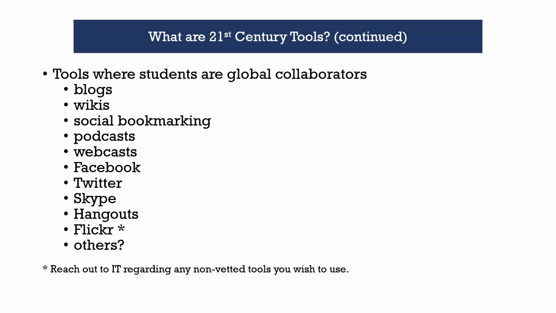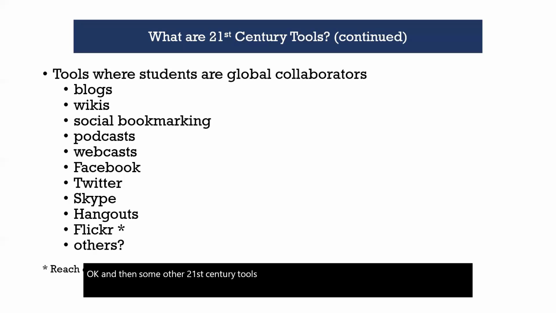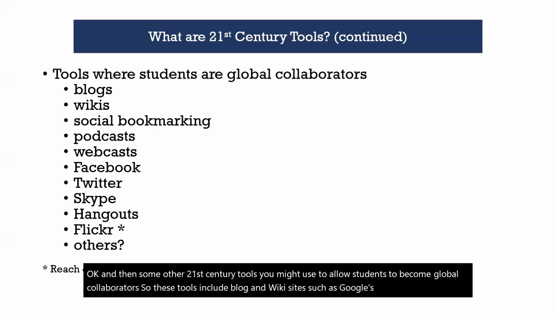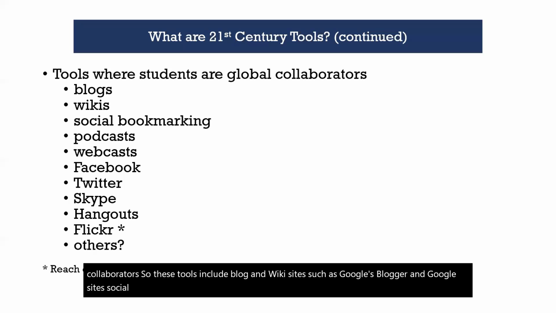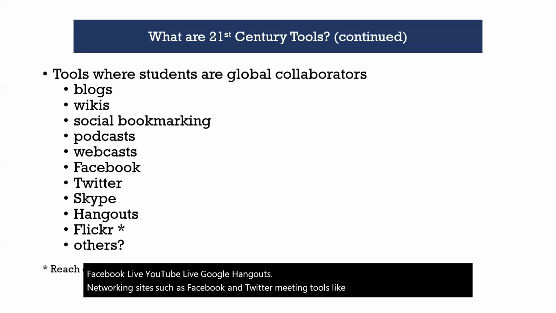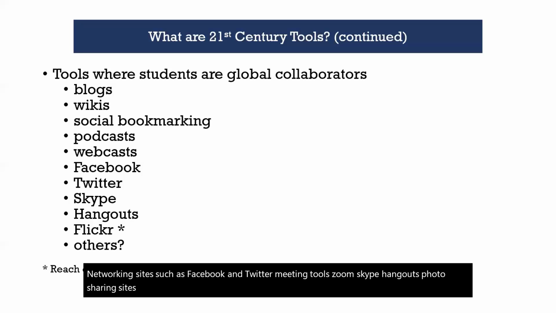Okay. And then some other 21st century tools you might use to allow students to become global collaborators. So these tools include blog and wiki sites such as Google's Blogger and Google Sites, social bookmarking and sharing tools like Pinterest, Reddit, and others, webcasting tools like Facebook Live, YouTube Live, Google Hangouts, social networking sites such as Facebook and Twitter, meeting tools like Zoom, Skype, Hangouts, photo sharing sites like Instagram and Flickr.